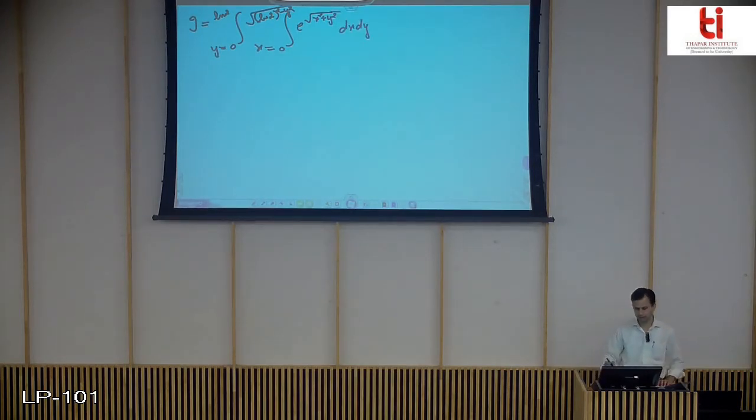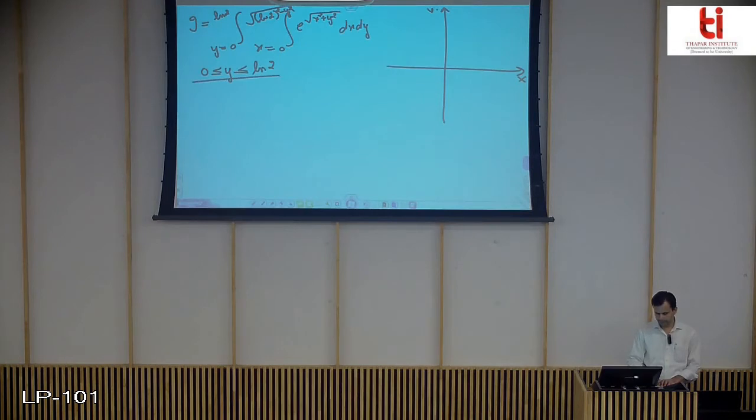So let me draw the region of integration. Limits of y are given from 0 to ln 2, and limits of x are given from 0 to under root ln2 square minus y square. We have done questions like this before, on how to sketch the region of integration from the limits. So from here you get y equals 0.